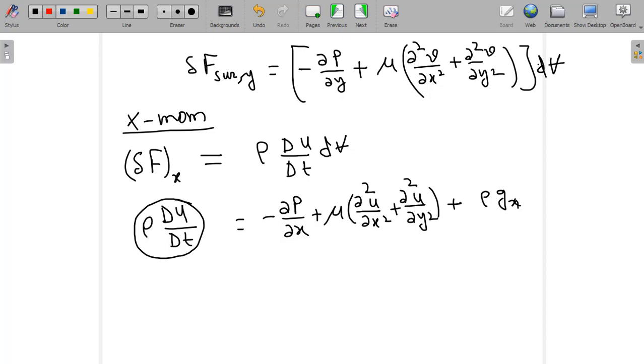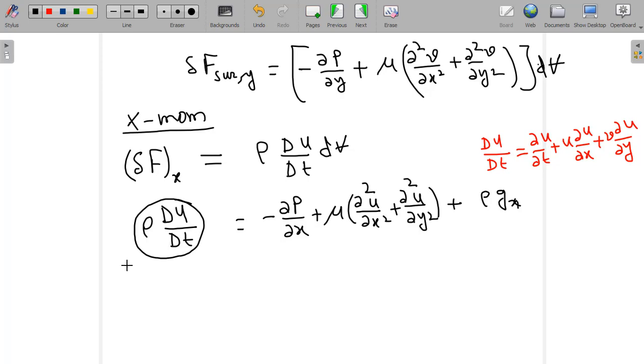You know that this du dt term is basically del del t plus u del del x plus v del del y, acting on u. So the du dt term is basically this quantity that you can write here.